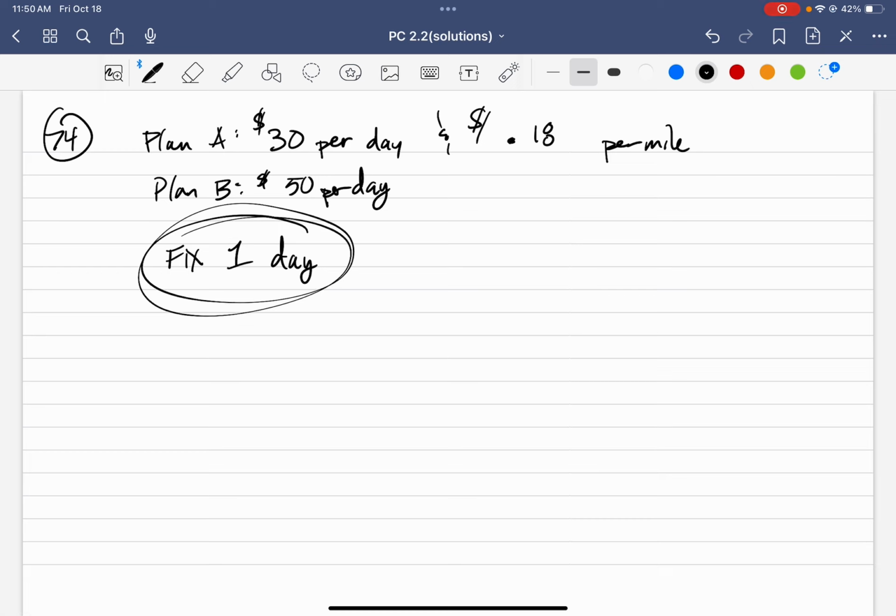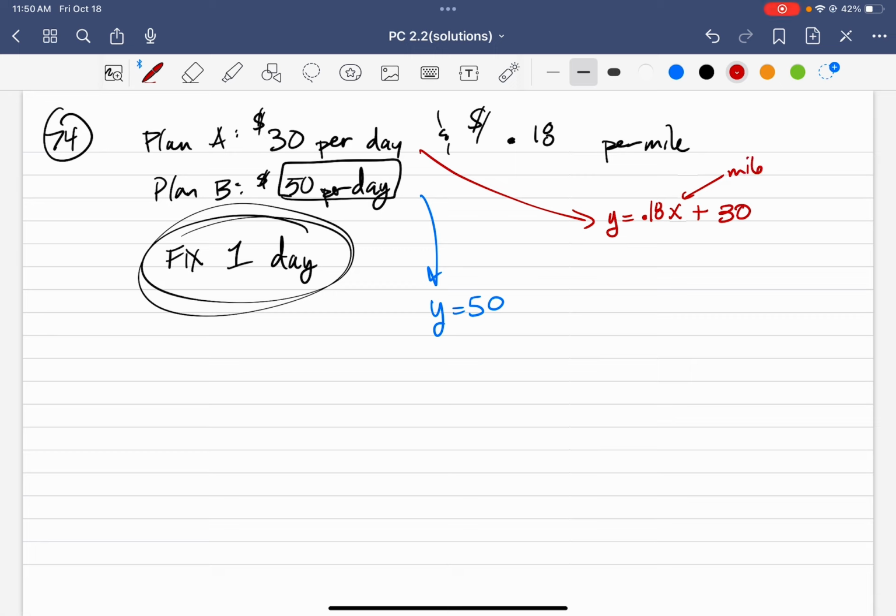So for 1 day, this would be constant, and plan B would be y is equal to a constant 50. For this one, y is going to be equal to an initial value of 30 plus 18 cents every mile. So in this case, maybe we let m, no, that'll be confusing. We'll let x be miles.